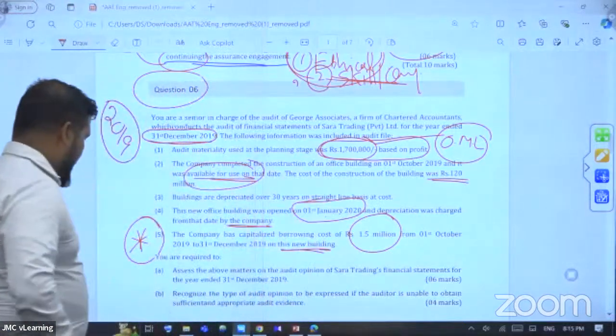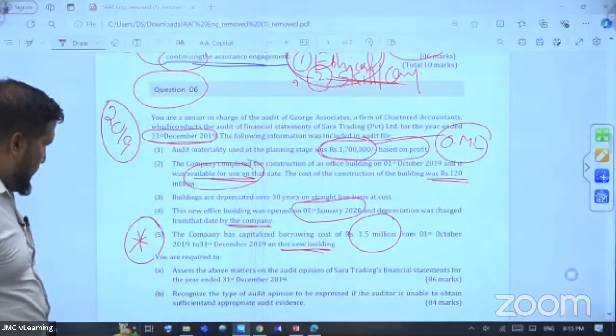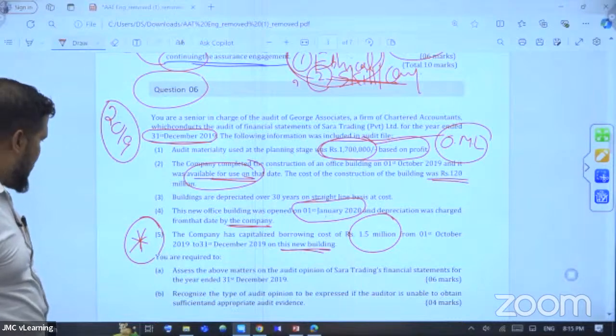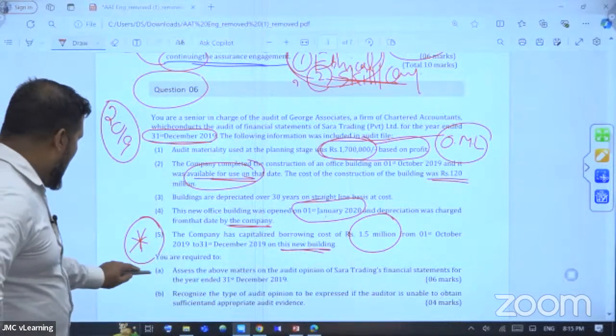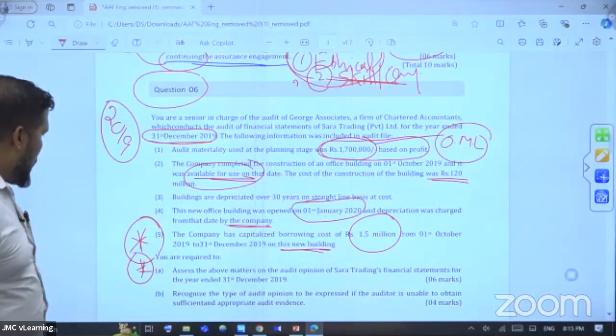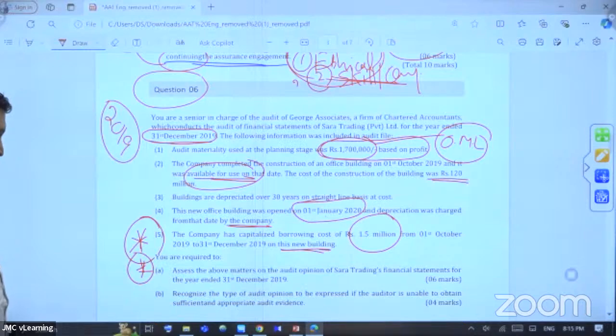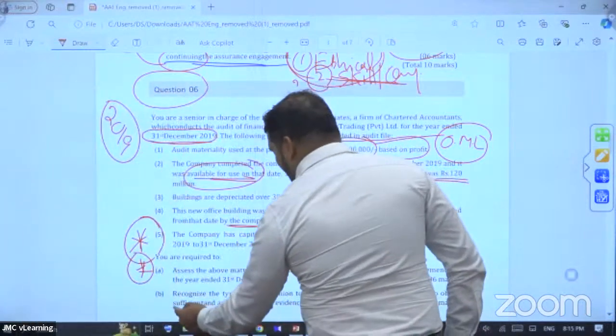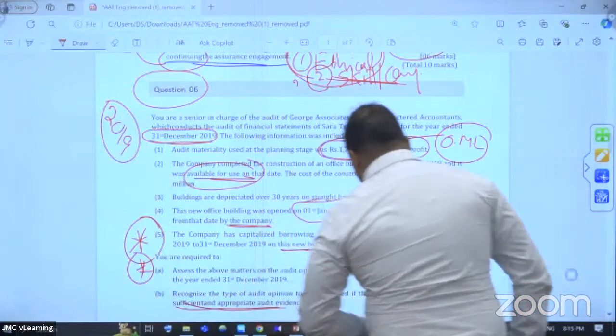Right. So what's the question? Assess the above matters on the audit opinion of Sara Trading financial statements for the year ended 31st December 2019. That's what we have discussed. Number 2, recognize the type of audit opinion to be expressed if the auditor is unable to obtain sufficient and appropriate audit evidence.